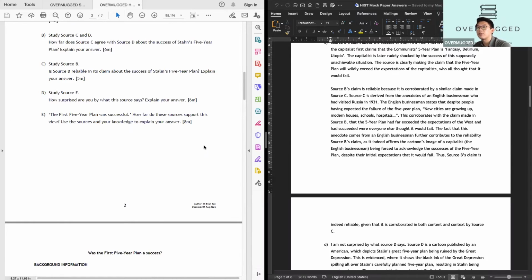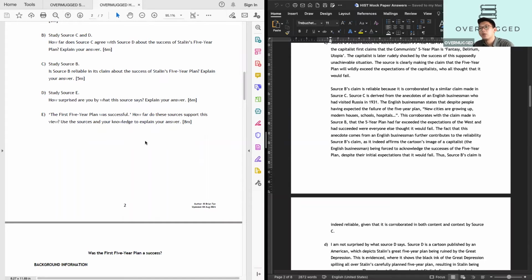Okay, now we move on to the fourth question. How surprised are you by what this source says? Explain your answer. So this is quite a typical "Are you surprised?" question. The approach is rather straightforward. You simply have to state the content of the source and whether you are or are not surprised.